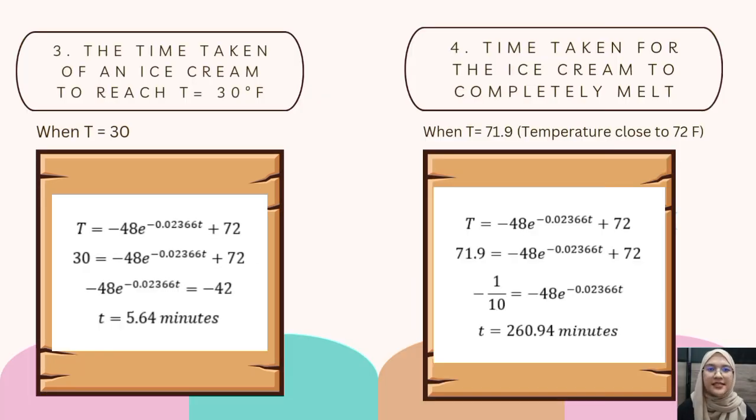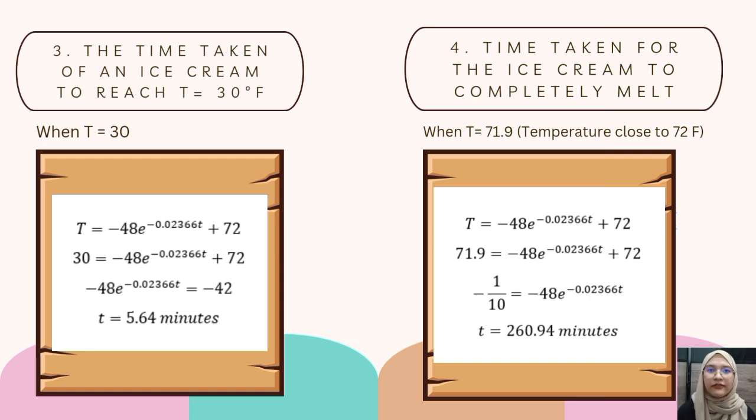Okay, now let's dive into understanding how temperature changes over time using this equation for melting ice cream, T equals negative 48 e to the power of negative 0.02366t plus 72. On the left, we are calculating how long it takes for the ice cream to reach a temperature of 30 degrees.